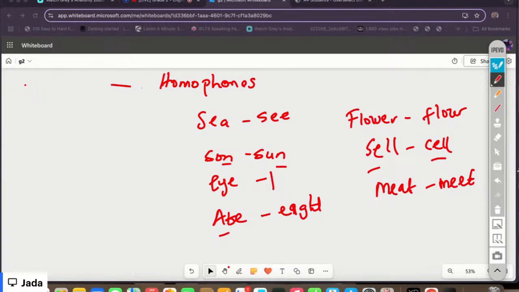If you have more homophones, you can share. Okay, you can share. Let's see. So share the homophones you know.